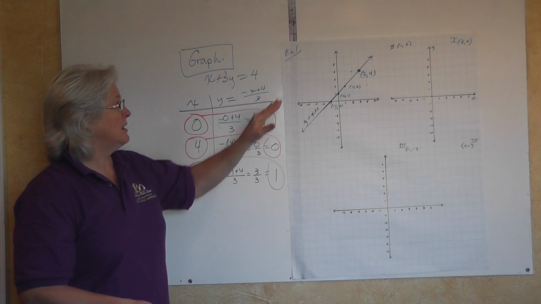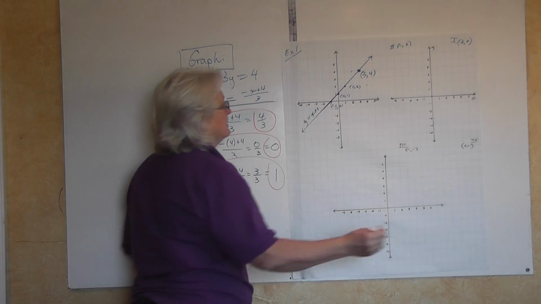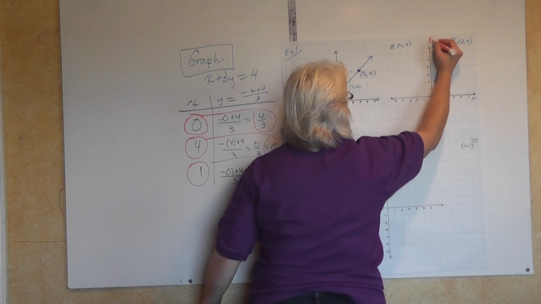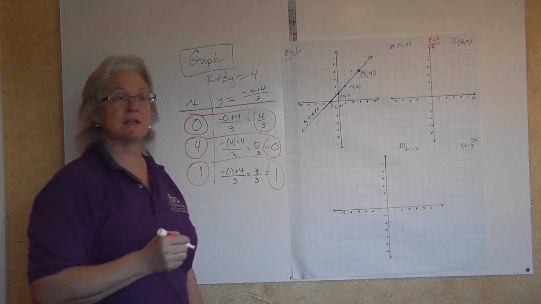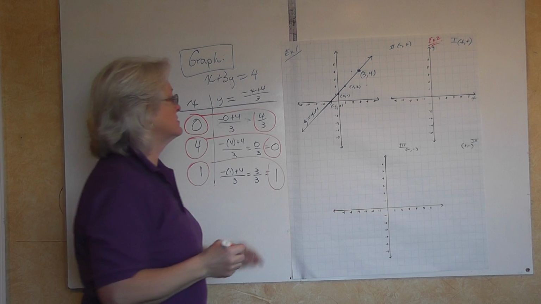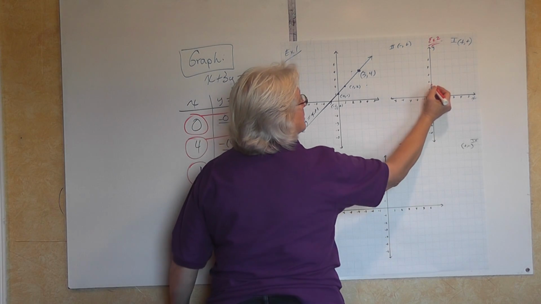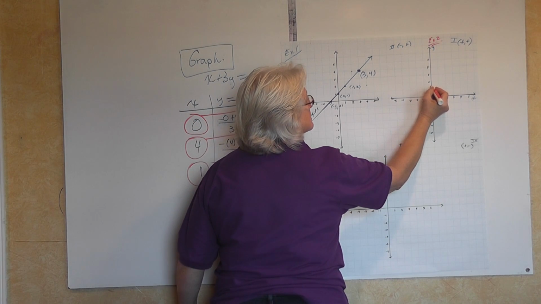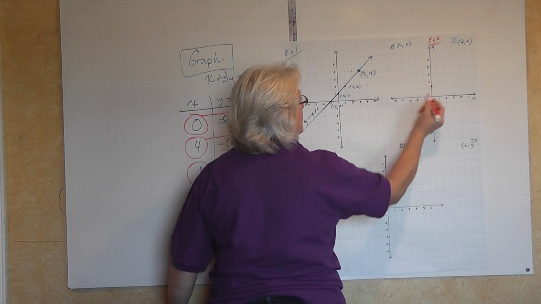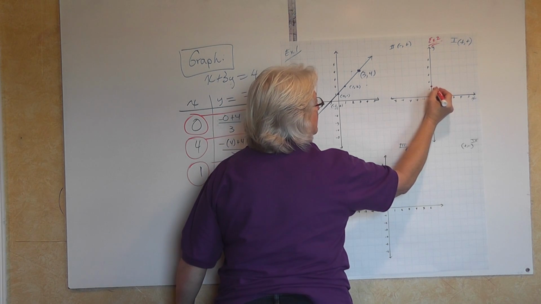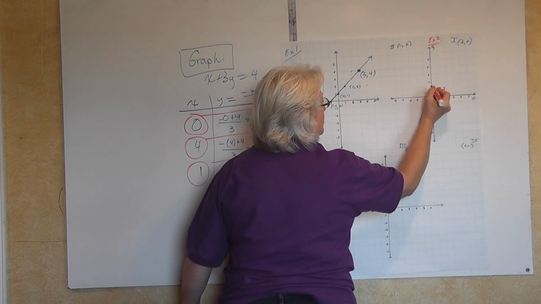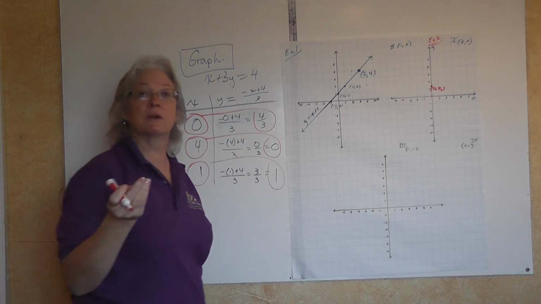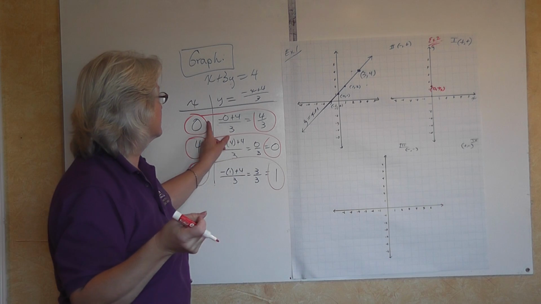What we're going to do now is plot these points over here on this graph that we're going to label example 2. If x is 0, y is 4/3, so we're going to guesstimate that. That's the point 1 1/3, which is 4/3, but we're not using mixed numbers, we're just using improper fractions.